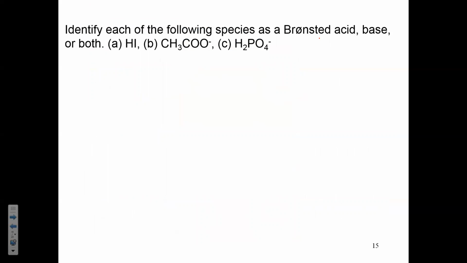Okay, let's look at the following species of Bronsted acids and bases and tell me what they are. HI, Bronsted acid or base, CH3COO, Bronsted acid or base, and H2PO4. Talk about those. Okay, so here's your first equation.